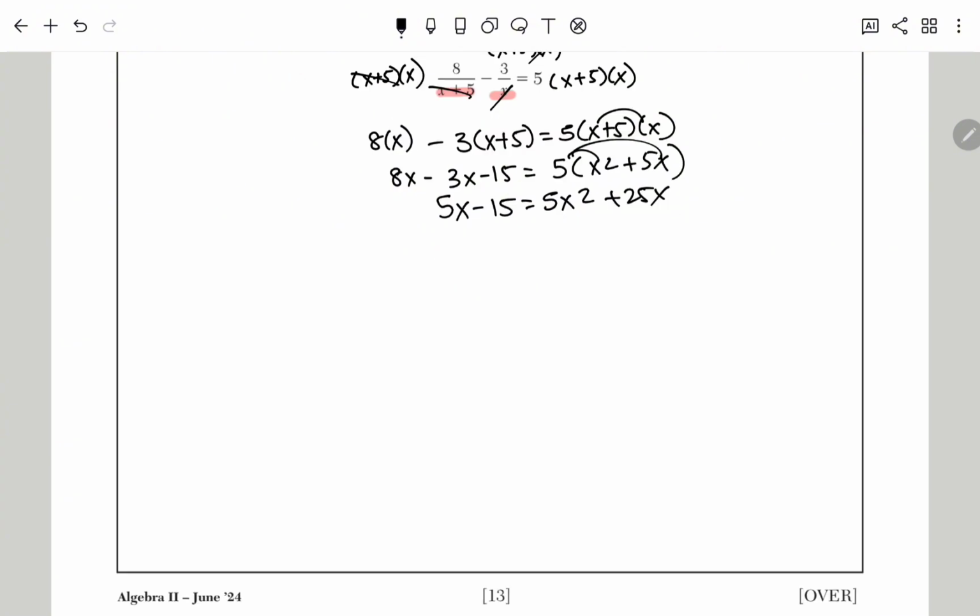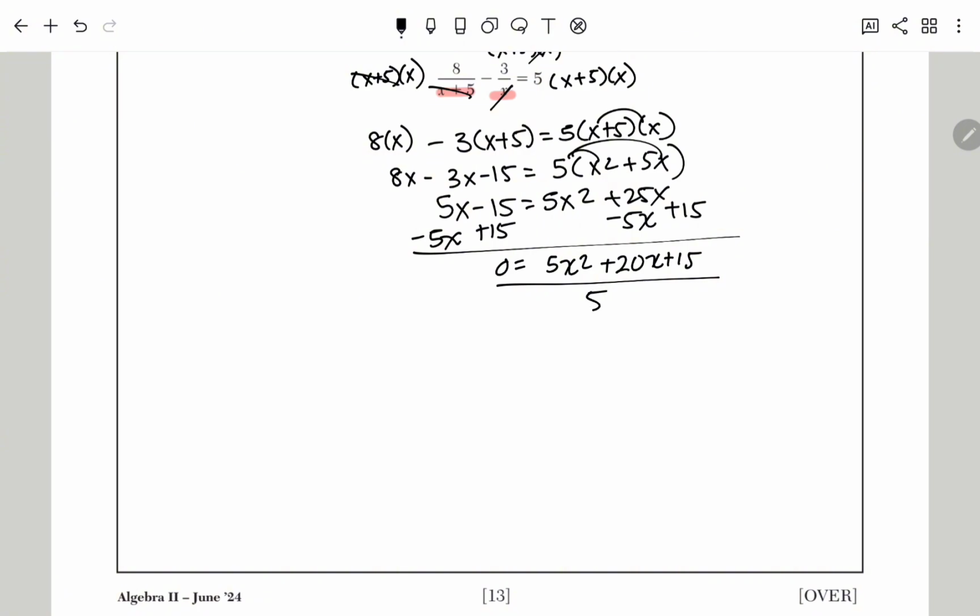Then I'm just going to move everything to one side, so I'm going to add 15 on both sides, and then subtract 5x on both sides, and I get 0 equals 5x squared plus 20x plus 15. And then I want to factor it. I can see that I have a GCF greater than 1, so I'm going to divide the entire thing by 5, and I get 0 equals x squared plus 4x plus 3.